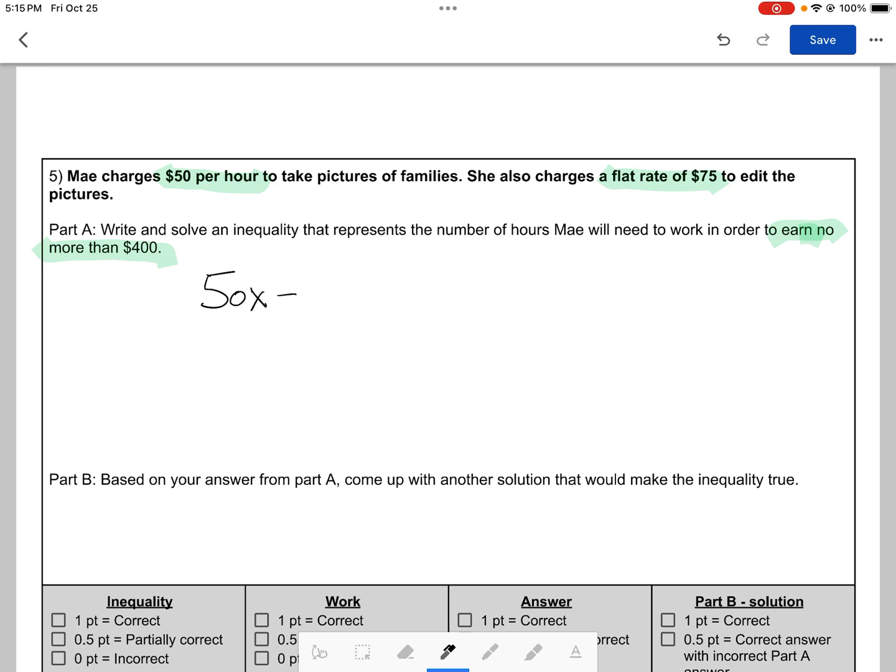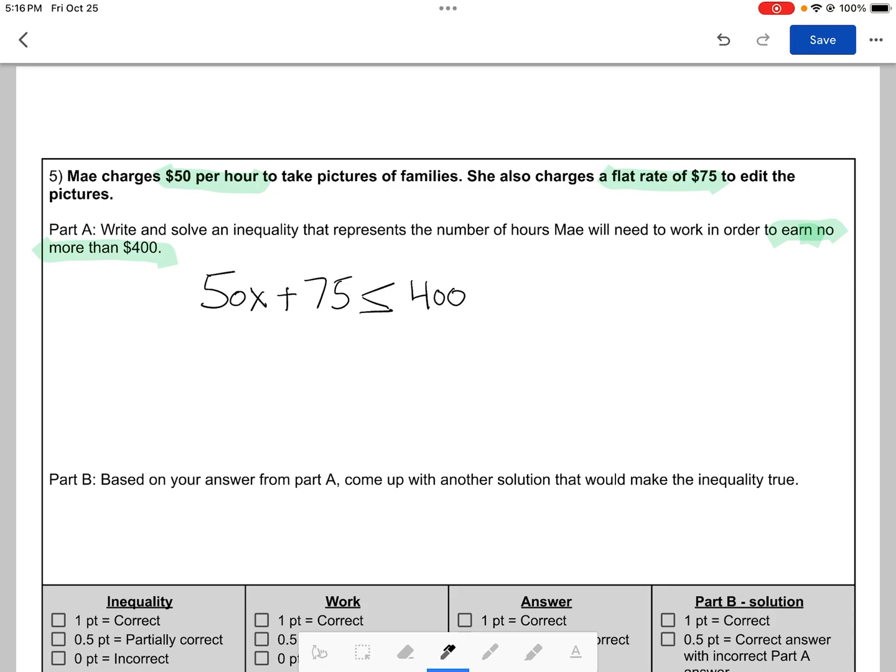So I'm going to add 75, and it's not going to have a variable on it. And then they want to know how much she will need to work to earn no more than $400. So no more is going to be less than or equal to 400. It could be 400, but it can't be more than 400.